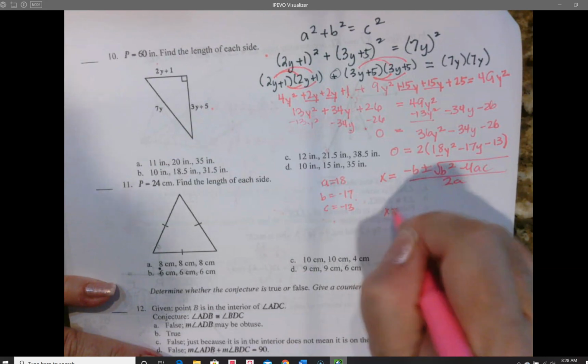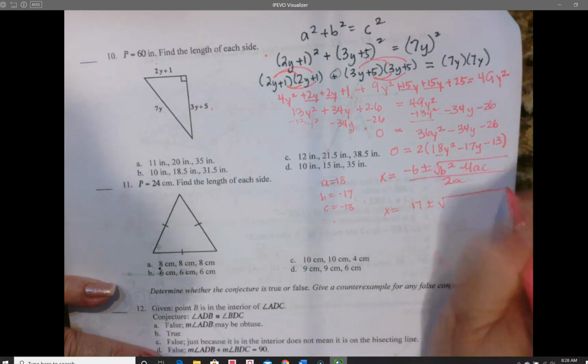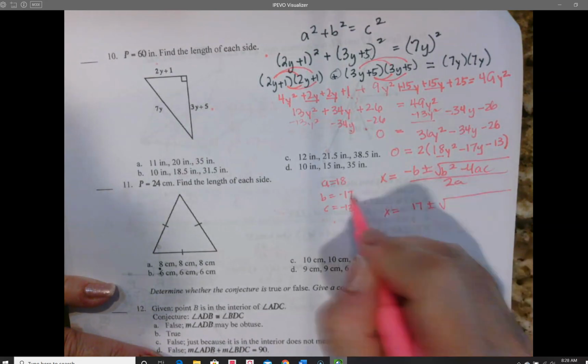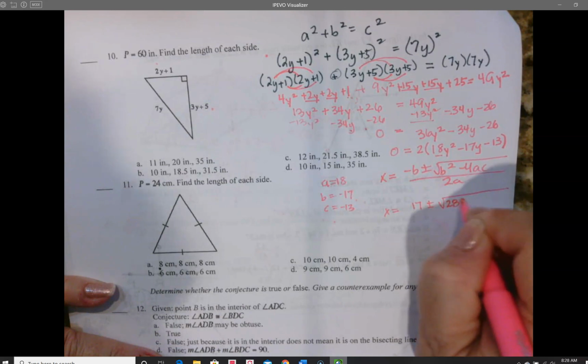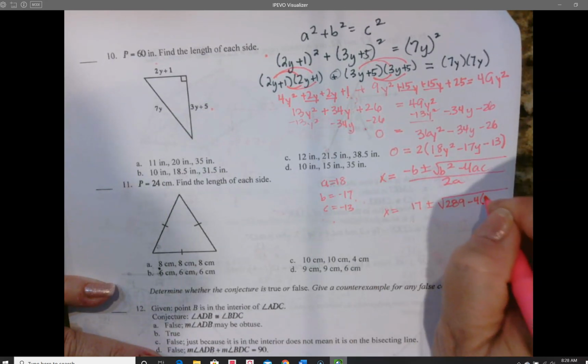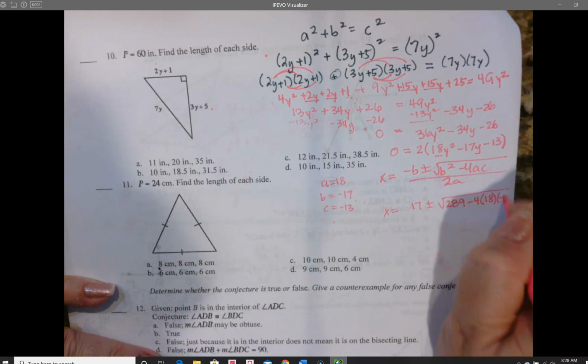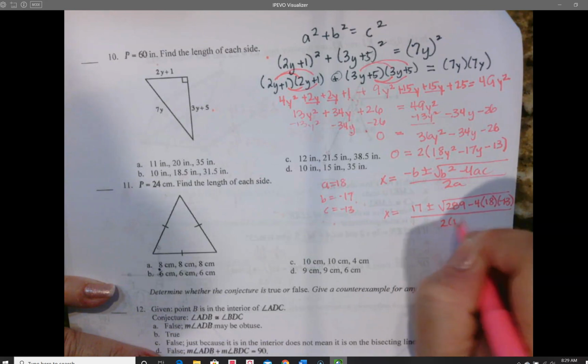So x is equal to negative b plus or minus. Now b squared, 17 squared, or negative 17 times negative 17 is 289. Minus 4 times a times c. All over 2 times a.